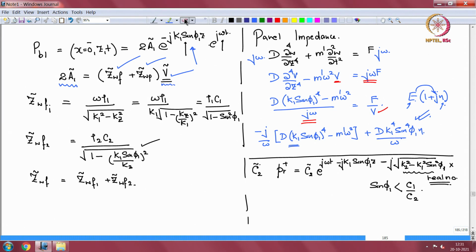I'd like to make a correction here. I'm using M everywhere, so this dash should not be there.